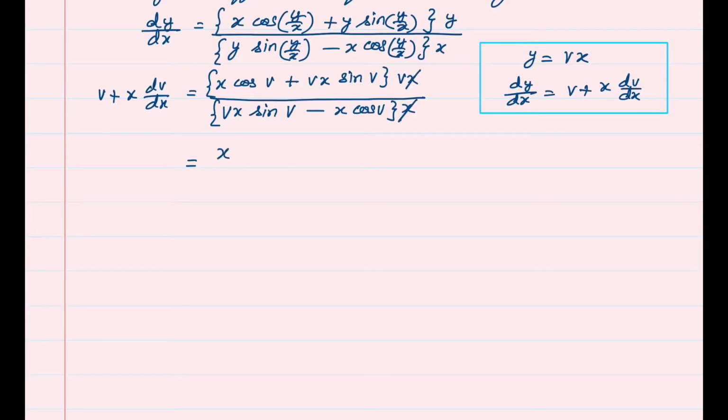We can take x out, cos v plus v sin v times v divided by x times v sin v minus cos v.